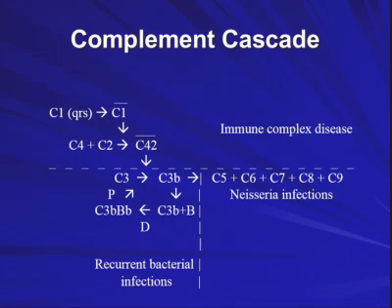But more commonly, you will get septicemia because these are clearly serum proteins, and clearly a defect in a serum protein will be much more likely to give you a bloodstream infection. So if you see a bloodstream infection, think also, this complement cascade.